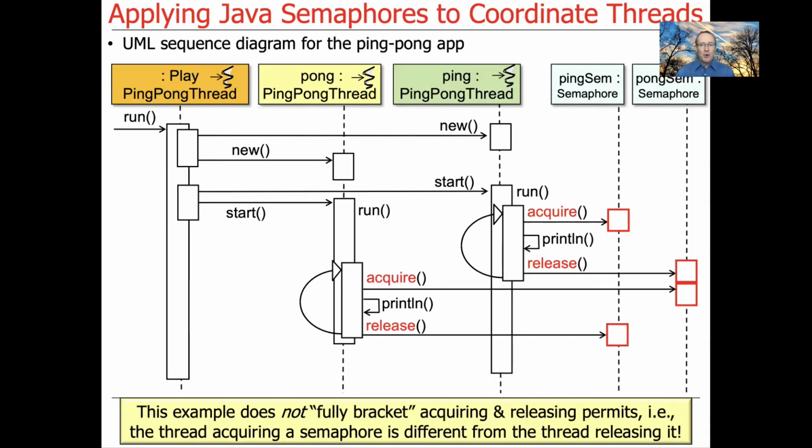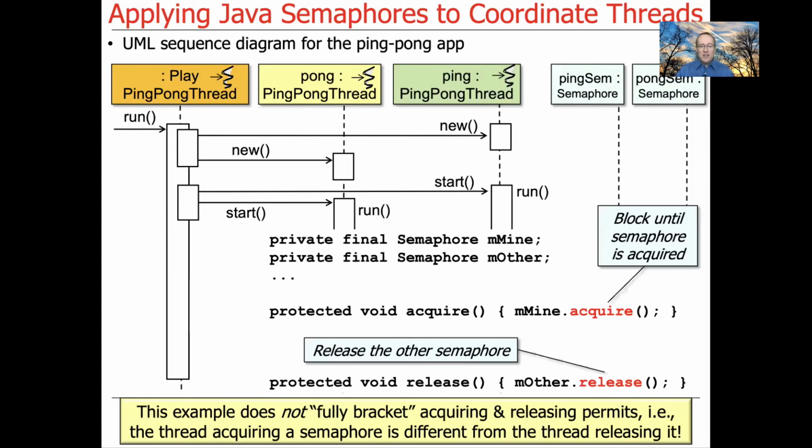This is a nice example because it illustrates the use of semaphores in a non-fully bracketed manner. So it can be the case that the thread that acquires the semaphore is not the thread that releases it. Notice you can't do that with reentrant locks, which must be fully bracketed. So that's one of the ways in which those two synchronization mechanisms differ.